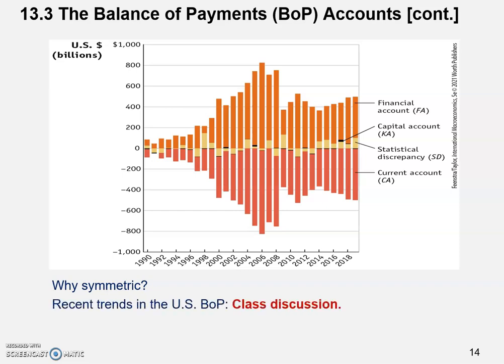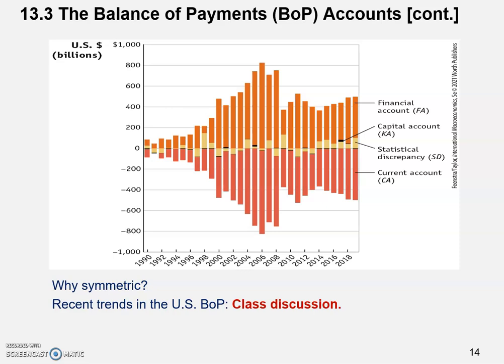And I would also encourage you to look at the trend among these three accounts, and you can bring your thoughts to our class. We can discuss that. Like, are these deficits or surpluses becoming larger or smaller over time?